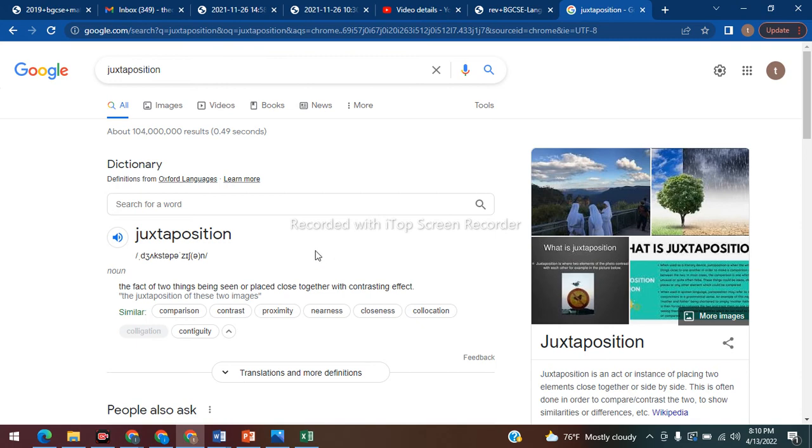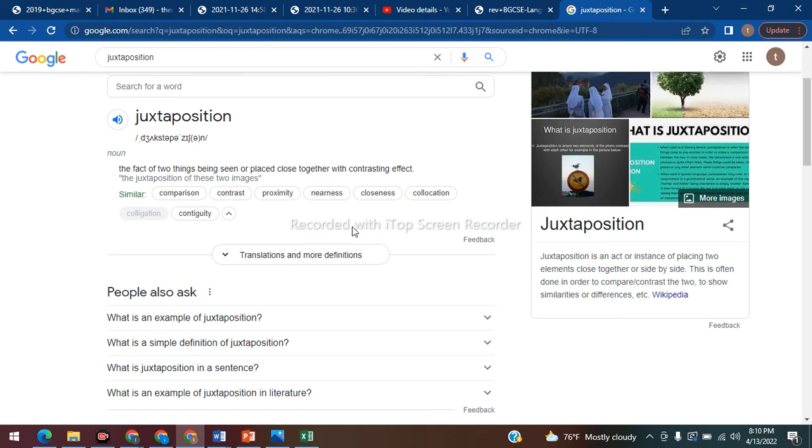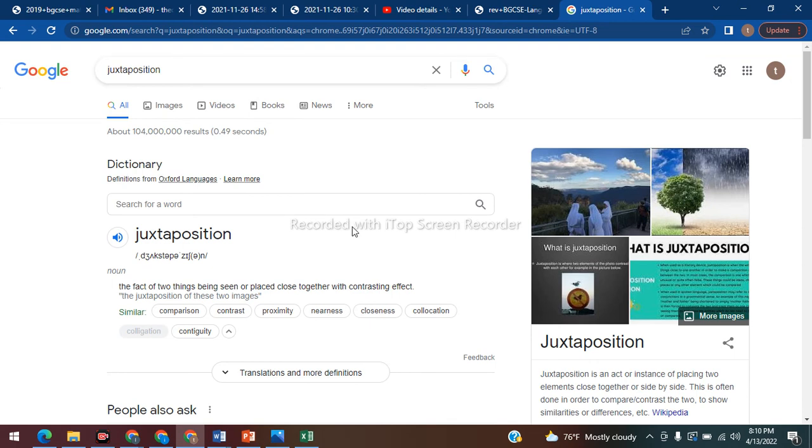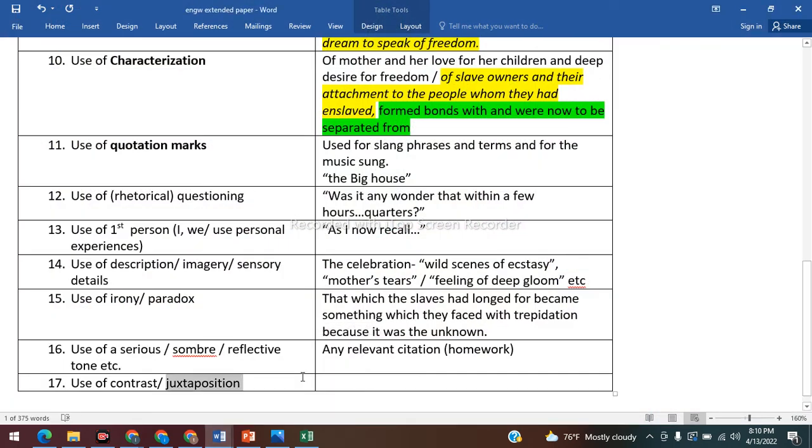We would say this is the juxtaposition of two ideas, or two terms, or themes, or notions, or beliefs. So basically contrasting them, showing their differences, and that's what we see inside this essay.